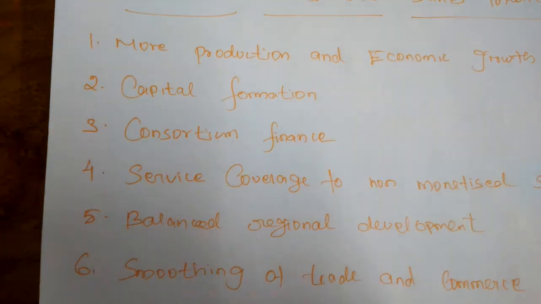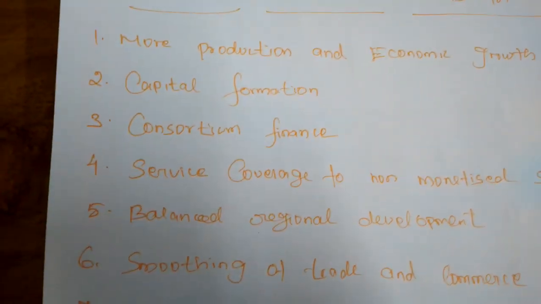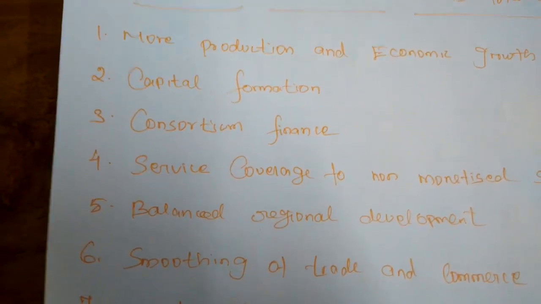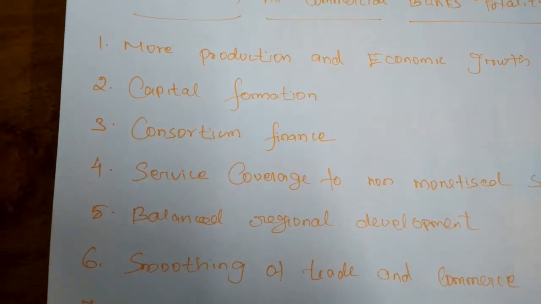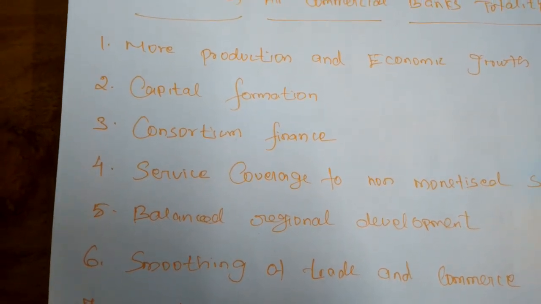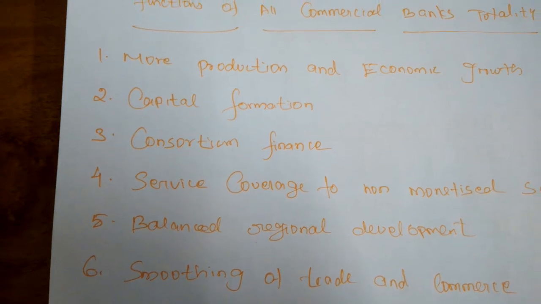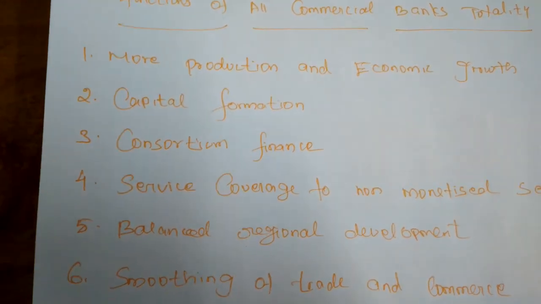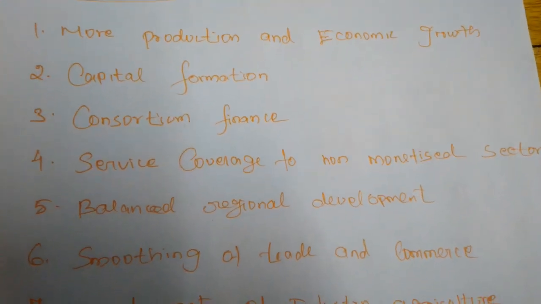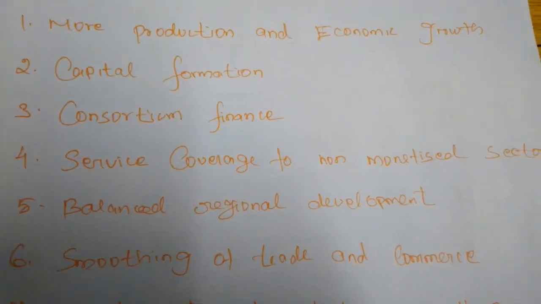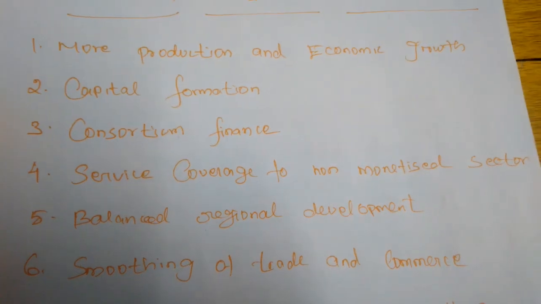Next, capital formation. Banks encourage savings habits among people and accumulate their small dormant savings. These funds can be fruitfully channelized for productive purposes of the economy. For more production, or increasing the gross domestic product, capital formation is very important.